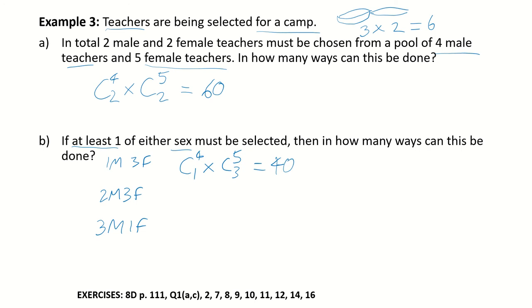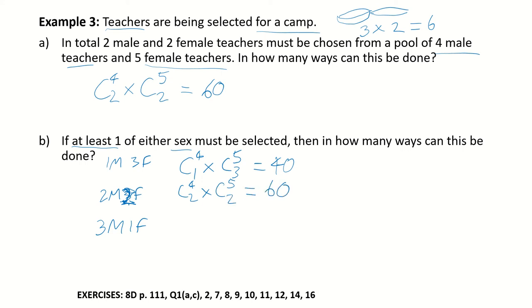And then for the next one, sorry, this is meant to be 2 and 2. Apologies. Hopefully you corrected that. And that's just what we just worked out before, so it's 4 choose 2 multiplied by 5 choose 2, and that gives us 60.